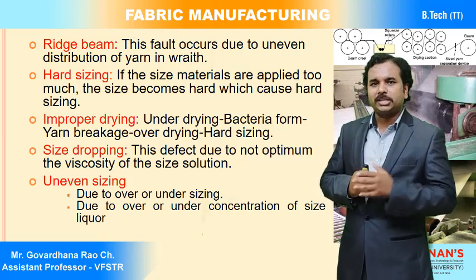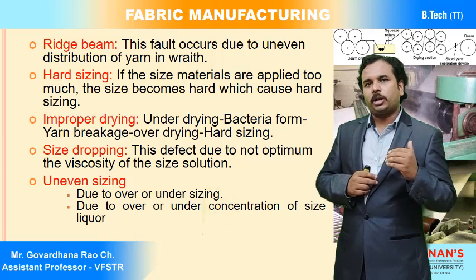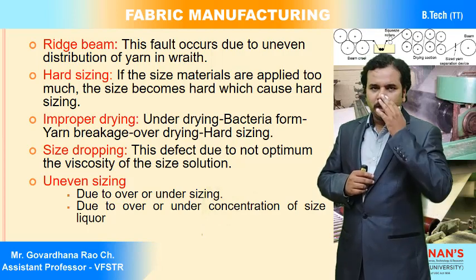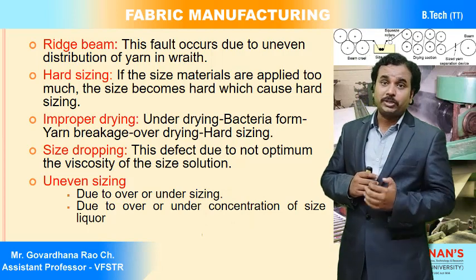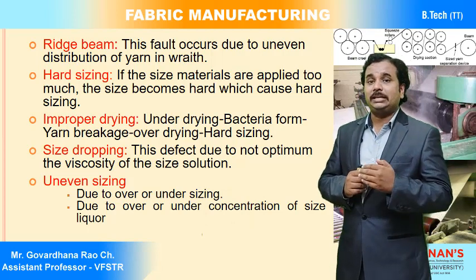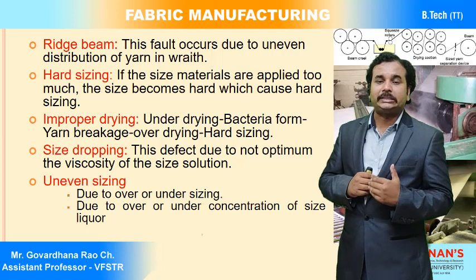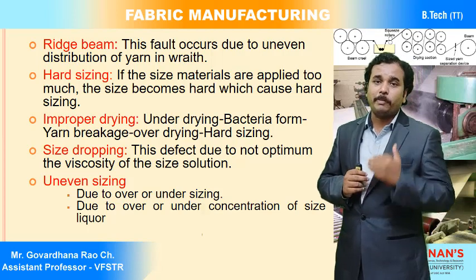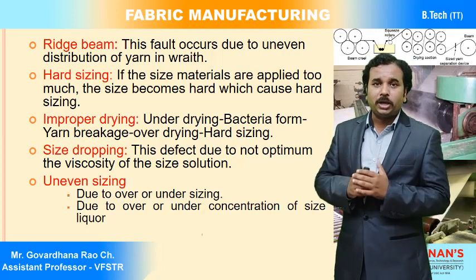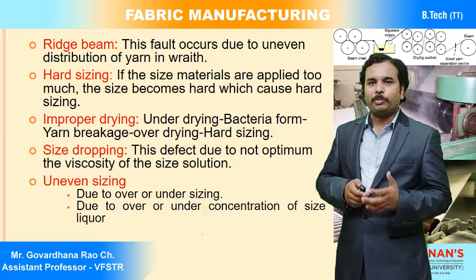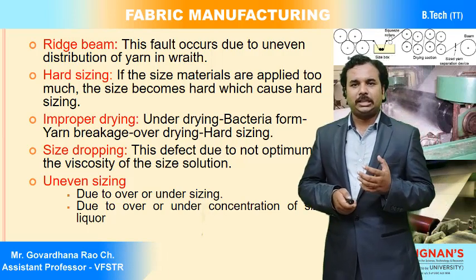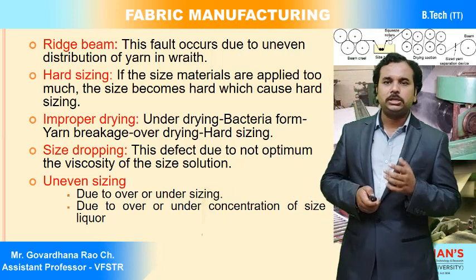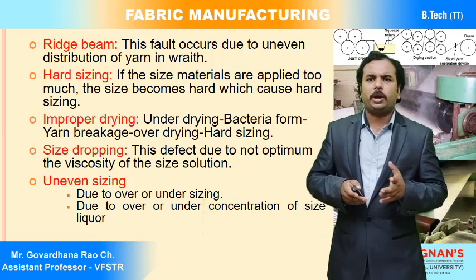And uneven sizing will be done if you do not control the speed, and if you do not control the size liquor viscosity or size liquor refractive index, or maintain the size paste quality. Then you will get this type of uneven sizing in the warp. So these are the different types of faults, and these faults should not be present.